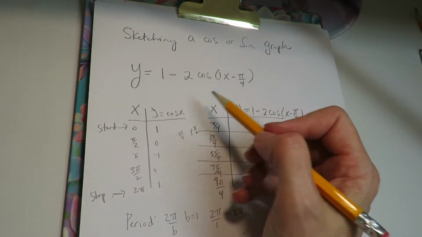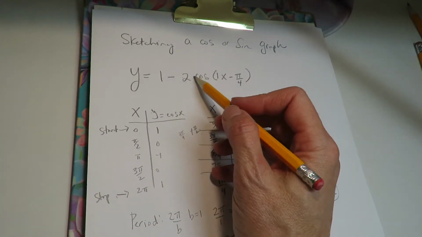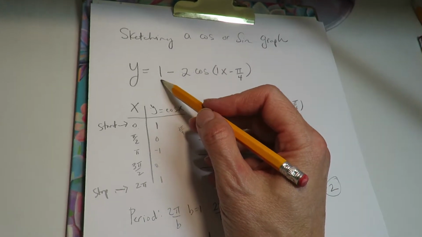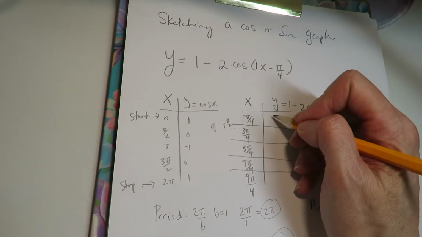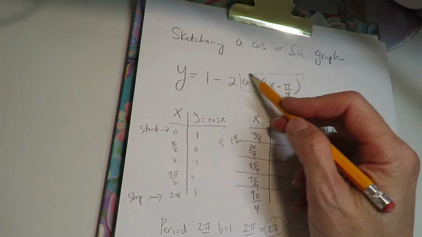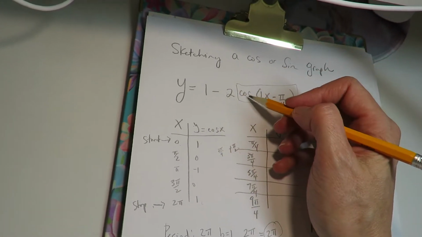All right, so that means all these points need to be stretched by 2, flipped over the x-axis, and pushed up by 1. So that's what you're going to see me do now. Where the trig is, I'm going to replace it with these output values.